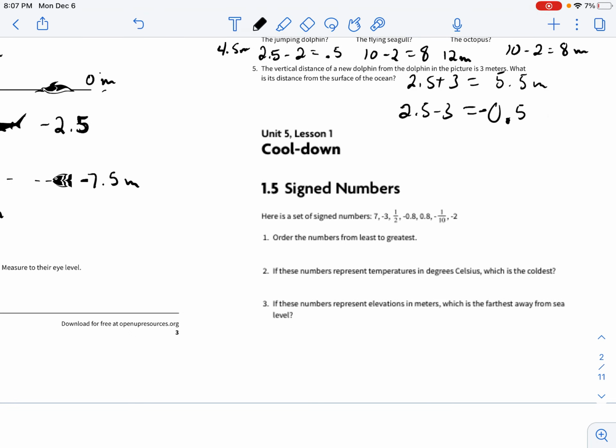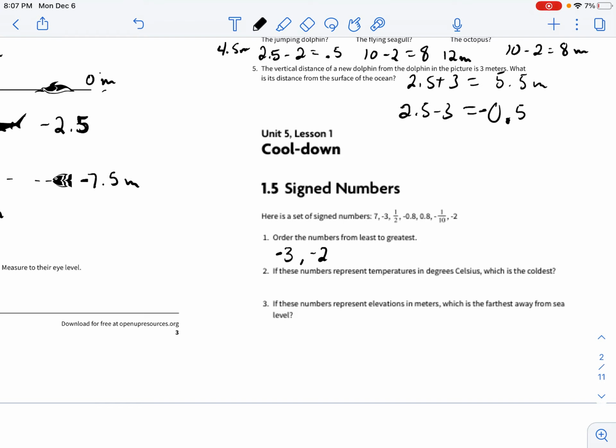All right, and then the cool down. It says here is the set of assigned numbers: 7, negative 3, 1/2, negative 0.8, 0.8, 1, negative 1/10, negative 2. What are the numbers from least to greatest? So looking at these, the least one would be negative 3, then negative 2.